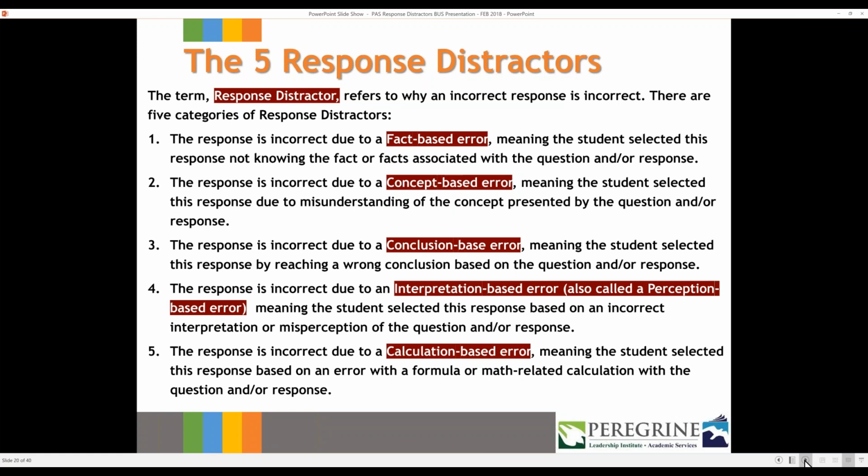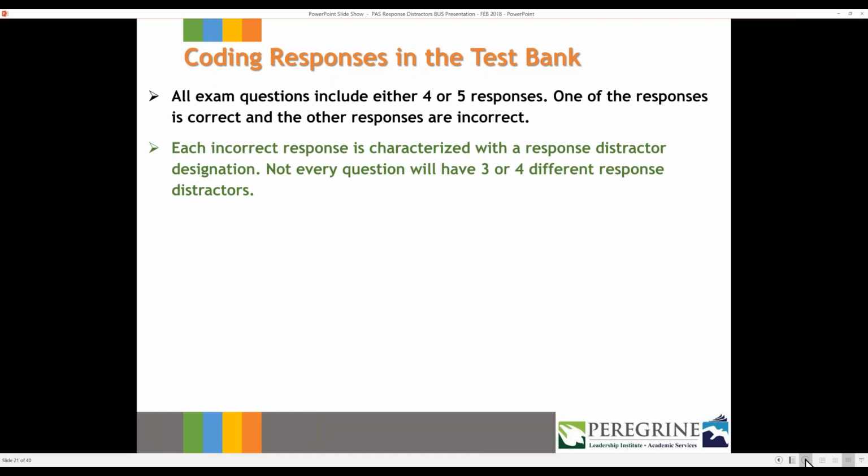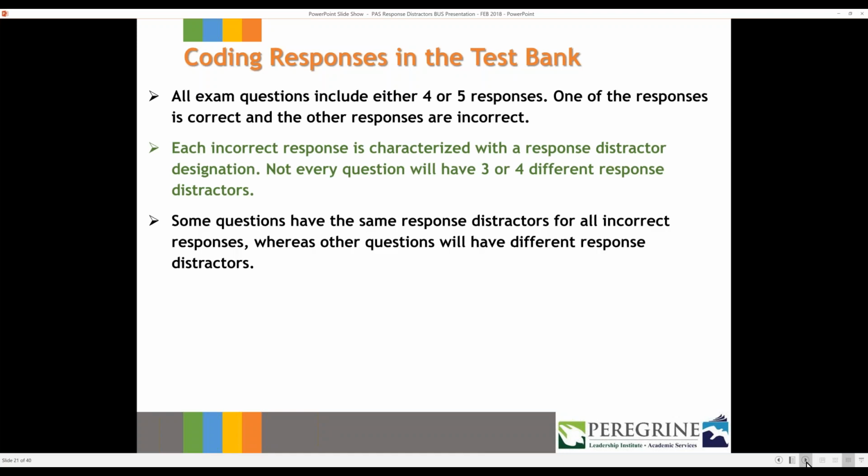We have a multiple choice test bank, so each question would have 4 to 5 responses. One of the responses is, of course, correct, and the others are incorrect. When the responses are incorrect, we have coded them to one of these 5 response distractors. Not every question would have 3 or 4 different response distractors.